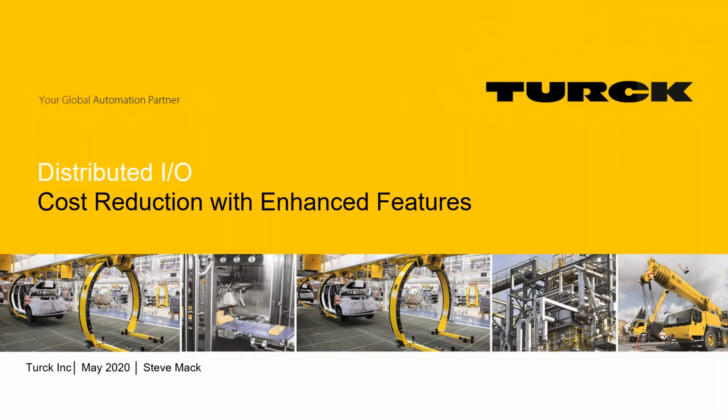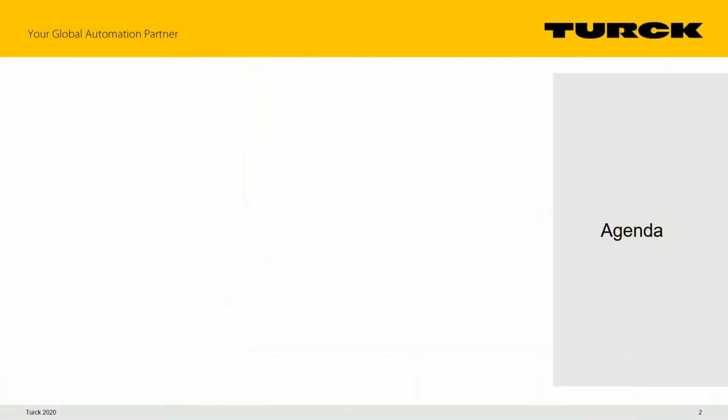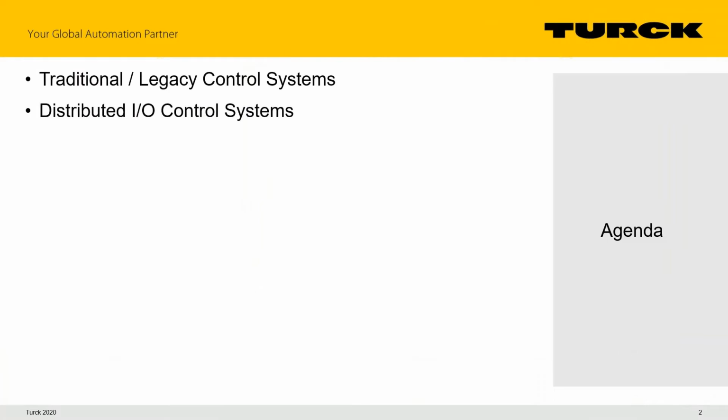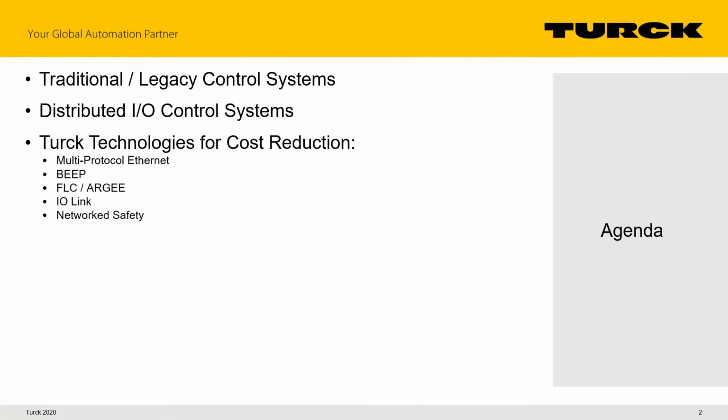This is going to be more of a discussion about concepts than it is specific product solutions, although we do cross that line back and forth a few times. So we'll start out talking a little bit today about what is a traditional control system, how those merge over into distributed I/O control systems, and some of the Turck technologies for cost reduction.